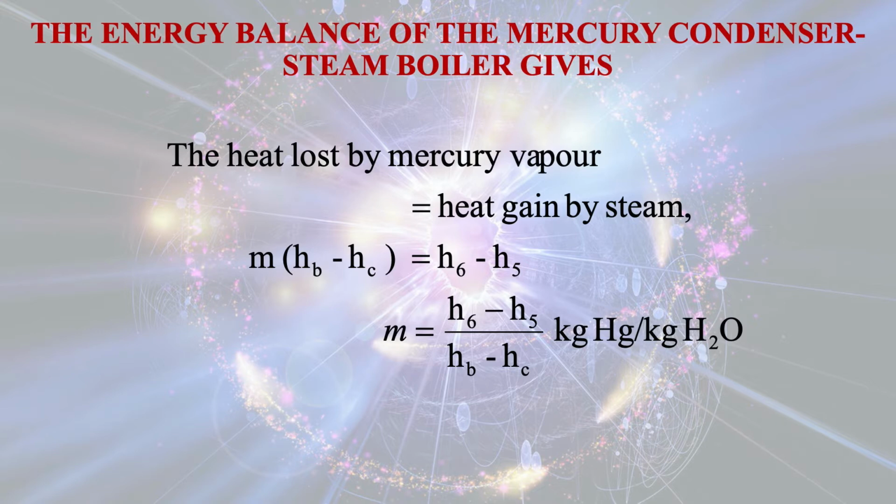So heat lost by mercury vapor, m into (Hb minus Hc), is equal to H6 minus H5. So you can calculate the mass of mercury, which comes out to be m equal to (H6 minus H5) divided by (Hb minus Hc). Unit is kg of Hg per kg of water. Here we have discussed the binary vapor cycle in detail.